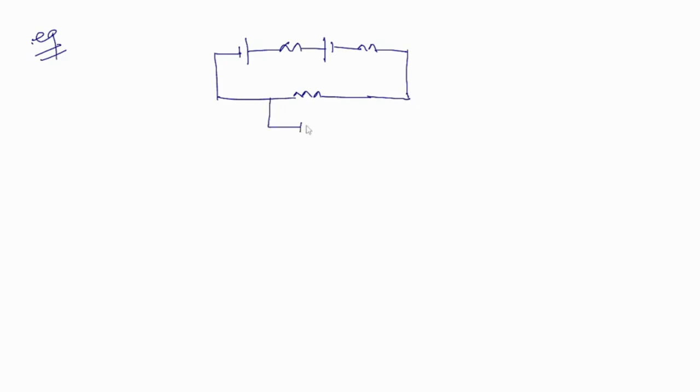Now we'll understand this by a problem. You have your circuit like this: the resistance R1, the resistance R2, connected with a resistance capital R, and connected with the capacitor C. R1, R2, E2, and E1.